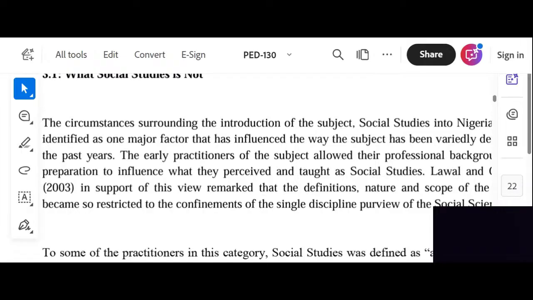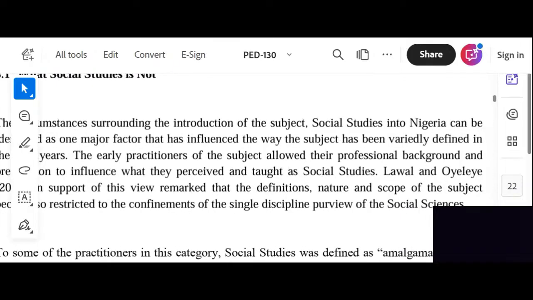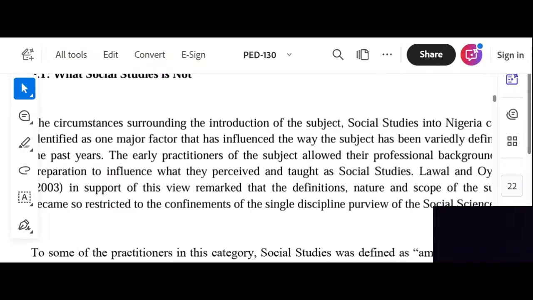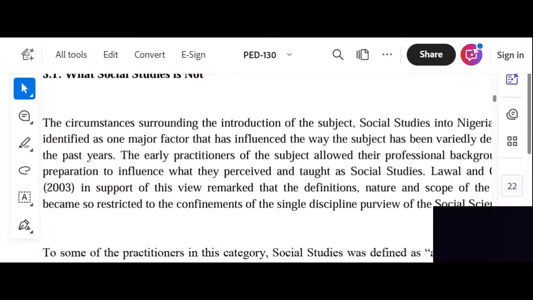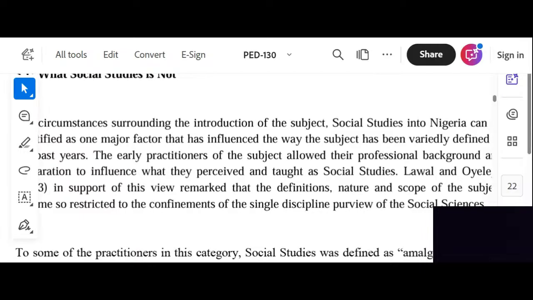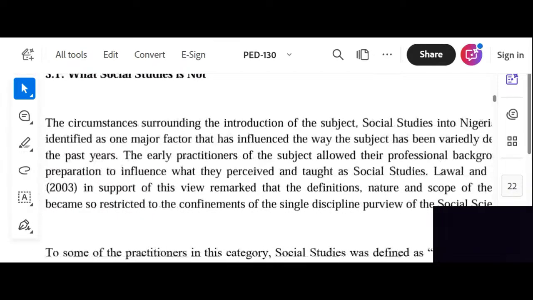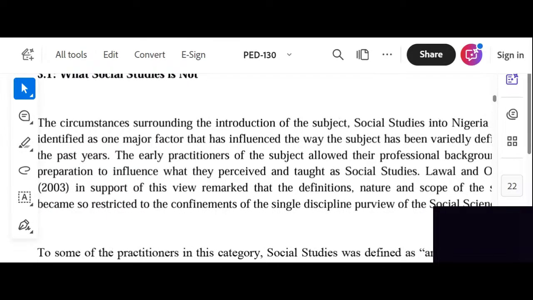Now, the circumstances surrounding the introduction of the subject, social studies, into Nigeria can be identified as one major factor that has influenced the way the subject has been variedly defined in the past years. So, here is the first picture.